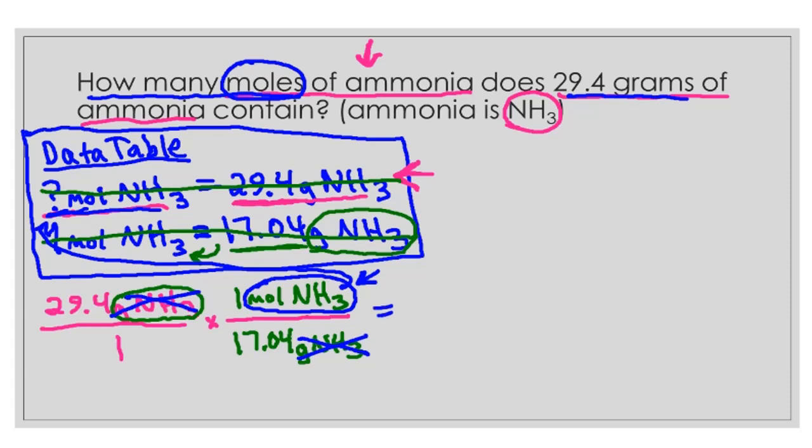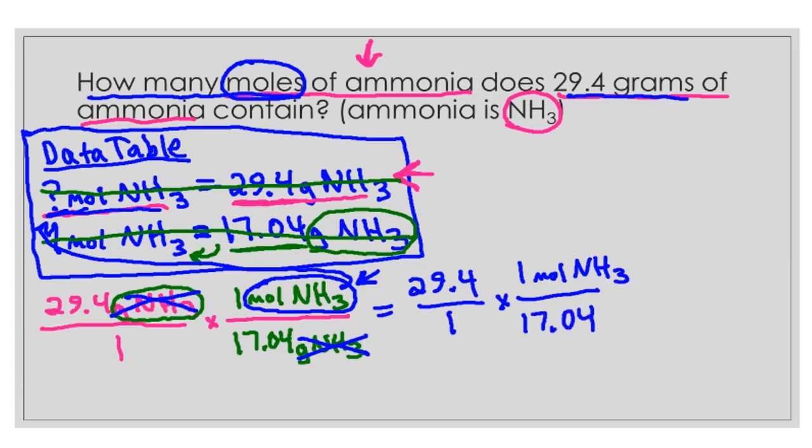So now let's rewrite this so it's pretty. We just have 29.4 over 1 multiplied by 1 mole of NH3 over 17.04. Now we can just do our calculator and calculate across. 29.4 times 1 is 29.4, and 1 times 17.04 is 17.04.